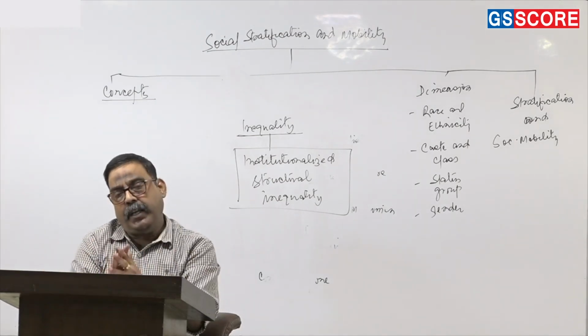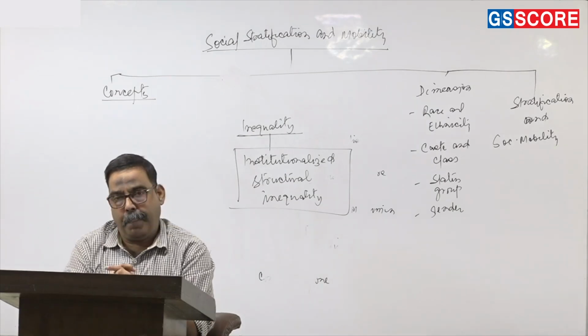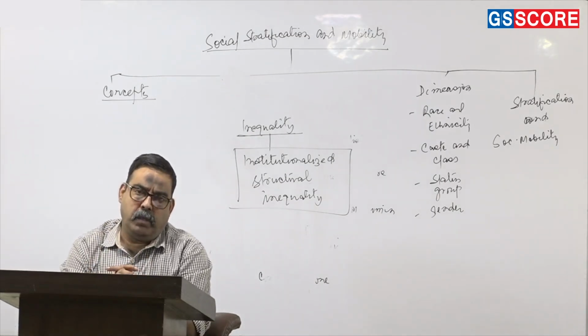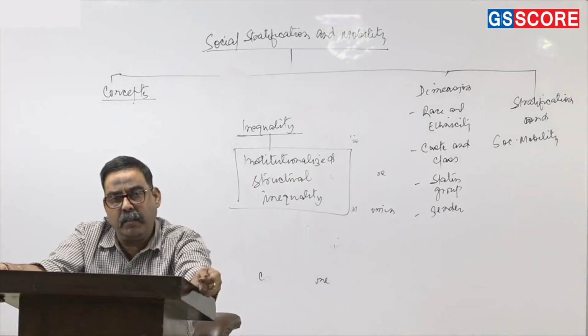But once again I am saying, apart from the functionalist or structural functionalist perspective, the two most important works in the analysis of social stratification have been by Karl Marx and Max Weber.